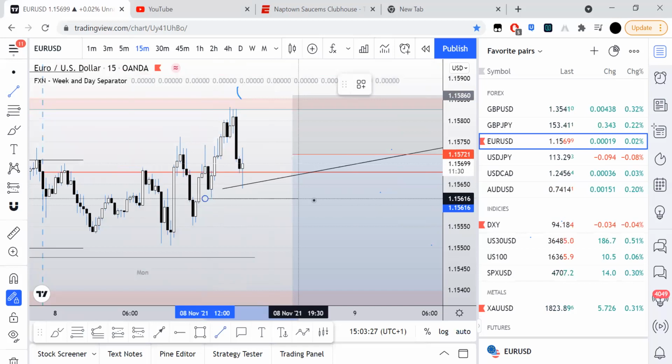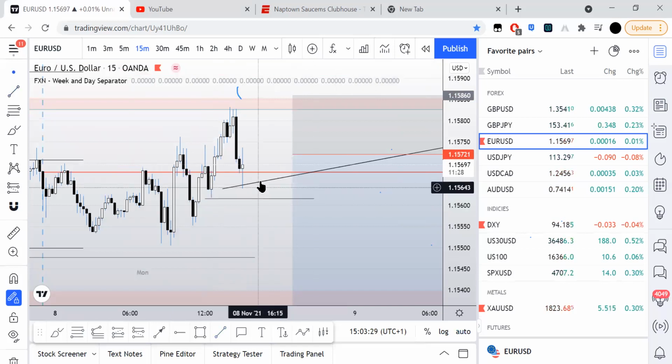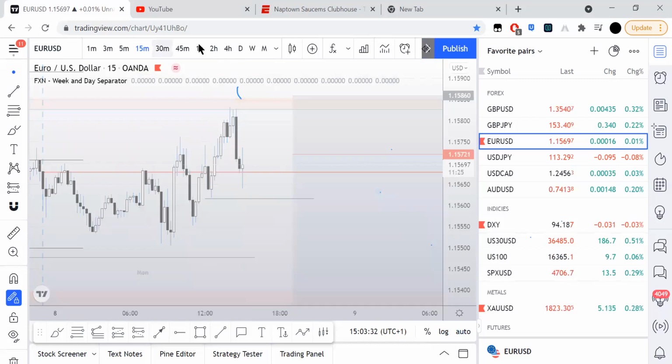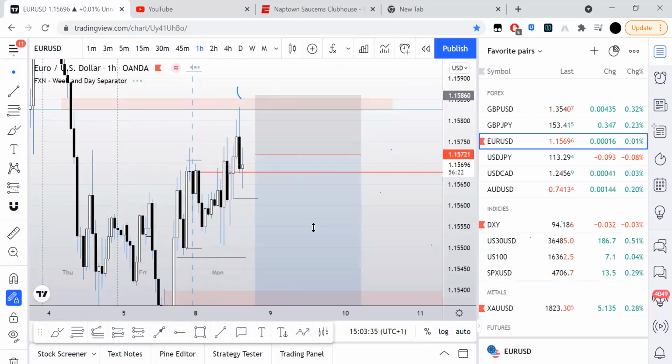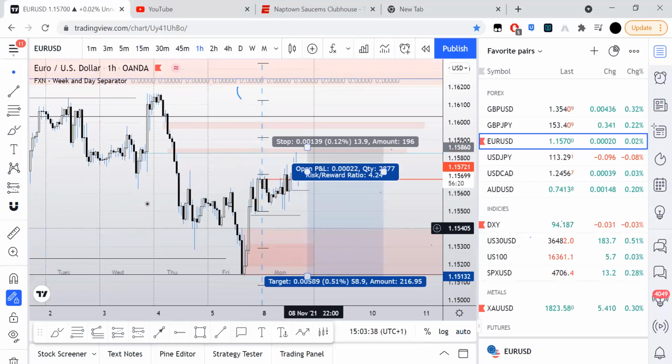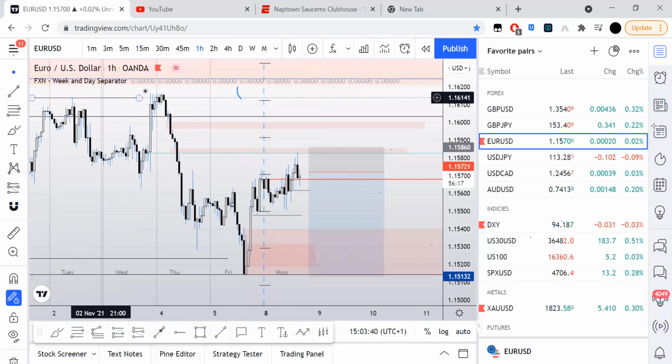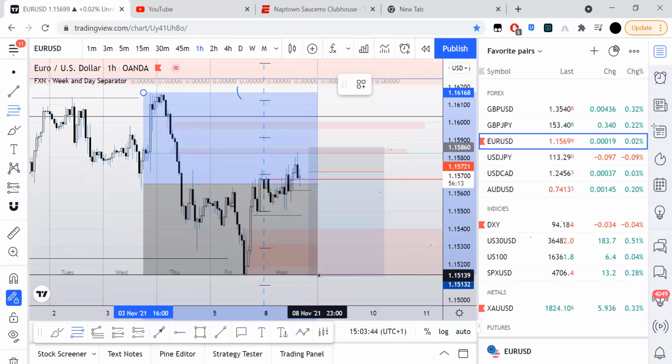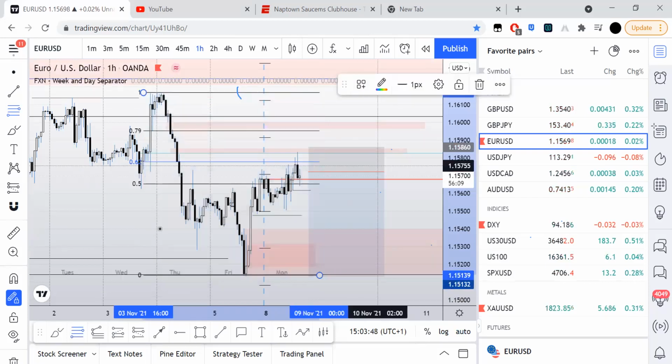I want to see this get taken out. If it wasn't Monday, I probably would have taken this trade like this. Was this OTE of this range? Let me see. Yes, an OTE.